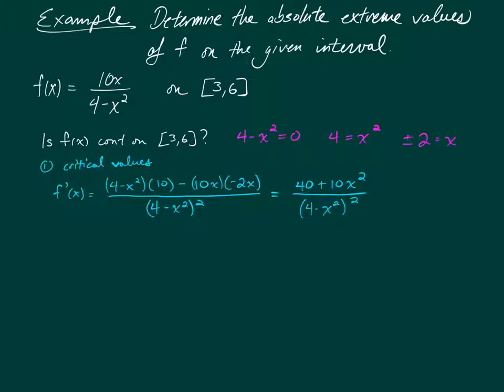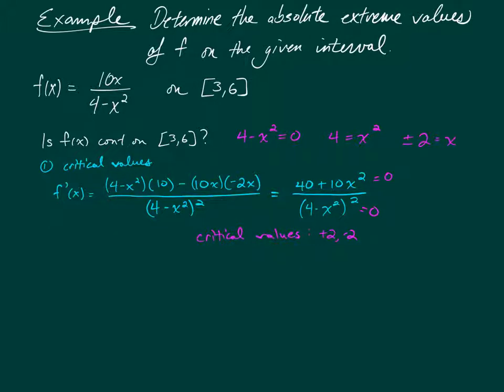Now we can set the numerator equal to 0 and we can set the denominator equal to 0. We've already set the denominator equal to 0 and we got these two values. So really quickly I'm going to start a list. Critical values. And with these critical values, we know positive 2 and negative 2 will be a part of that list. Maybe. We'll get into that in just a second.